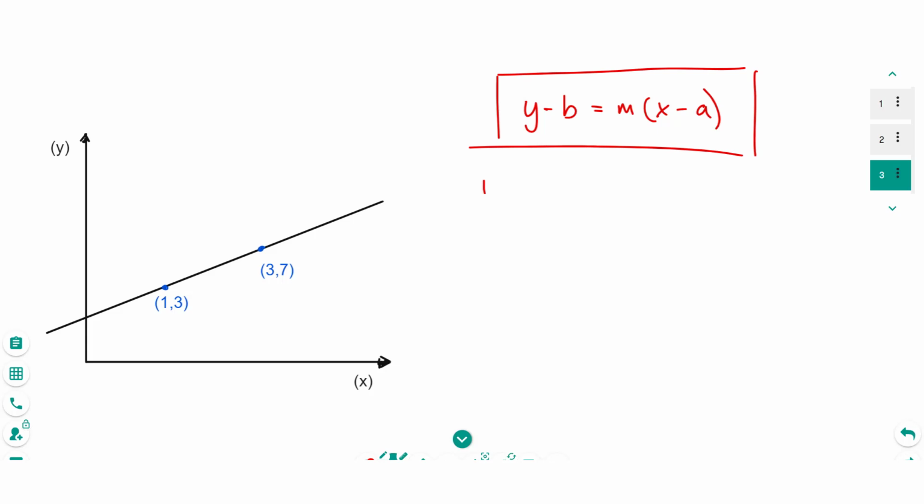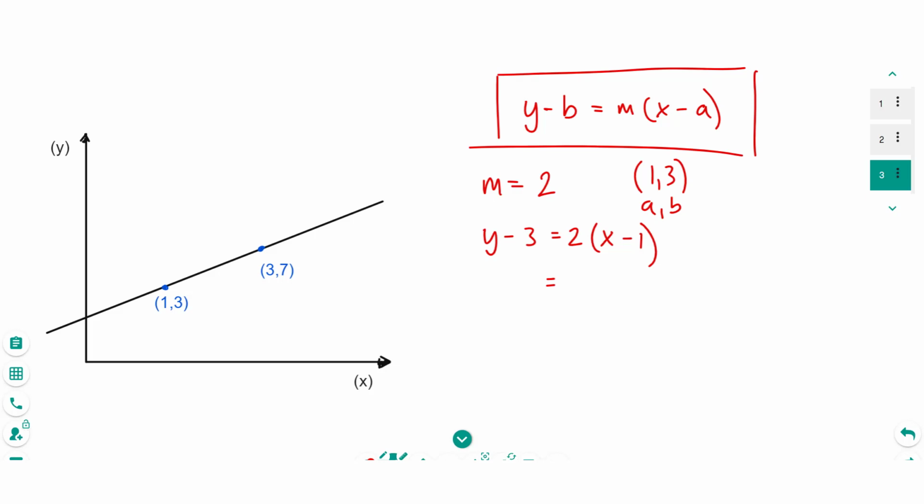So we know that m from the previous question is 2, the gradient, and then we can just substitute the point in, a and b. So I'm going to use point 1, 3 as a and b. So y minus 3 is equal to 2, and then x minus 1.